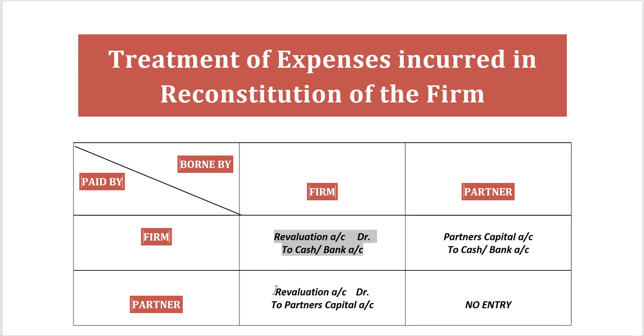Now on the other hand, where the expense is to be borne by the firm but another partner pays that expense, then the journal entry is revaluation account debit to partner's capital account.